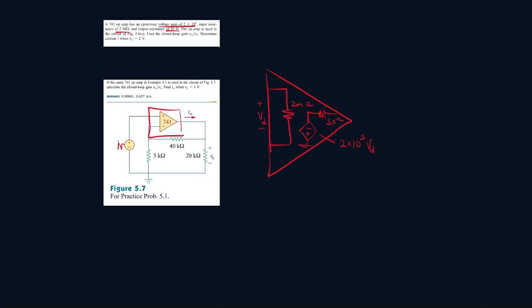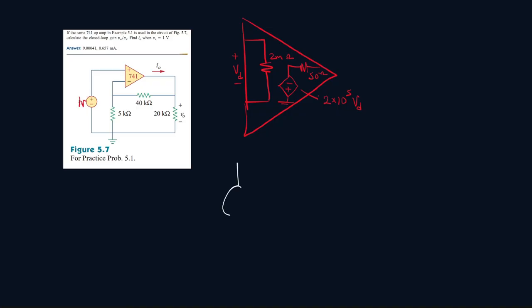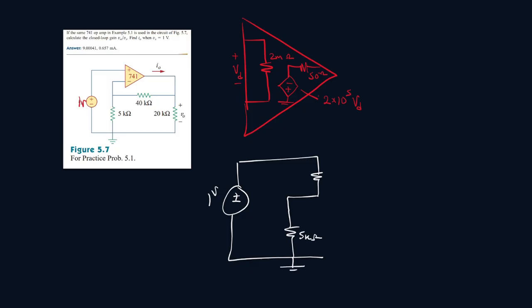Okay, now we can redraw the circuit, but include this portion and replace it with the op amp. So it'll be 1 volt. Hold on, there we go. And then we connect this to the ground. This is the 5 kilo ohm. This is the 2 million ohm. Then there's this 40 kilo ohm resistor.